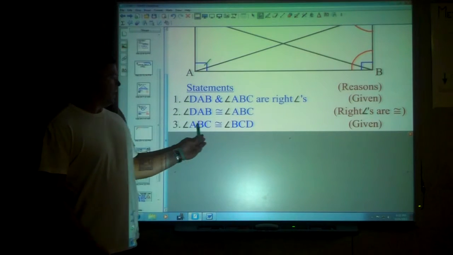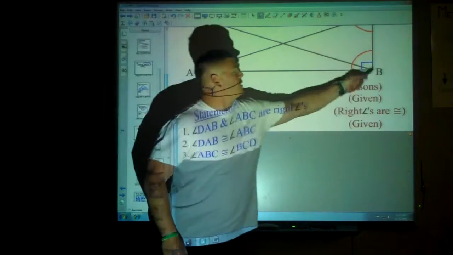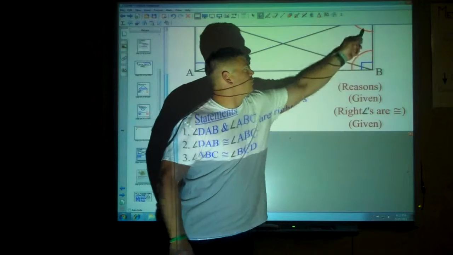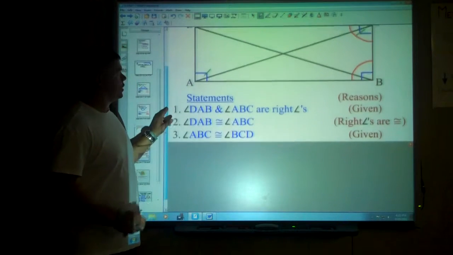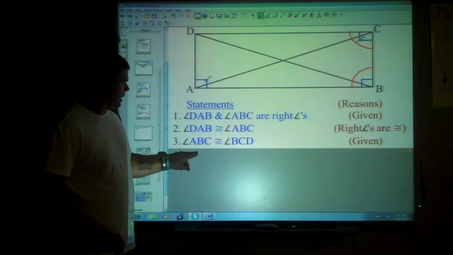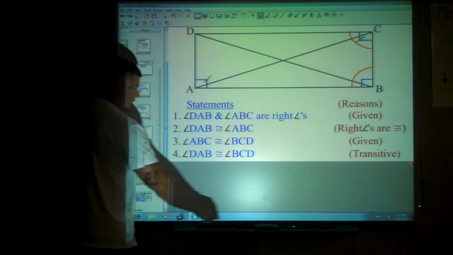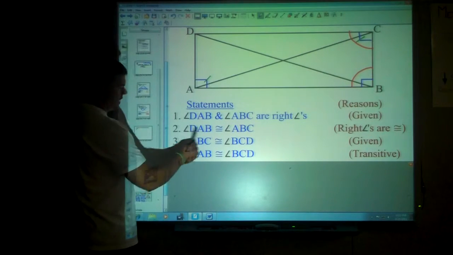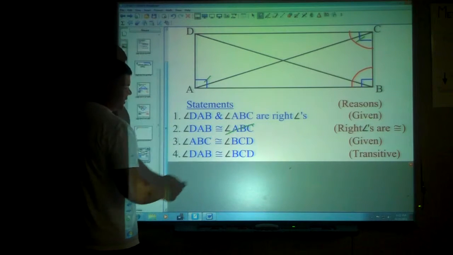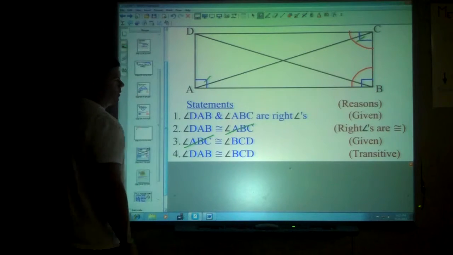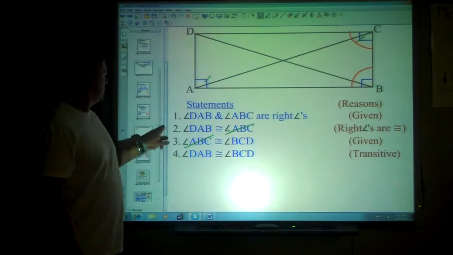Next, we throw in the fact that ABC is congruent with BCD, that these two, the red marks, were congruent to each other. So we know that. And our last step, if you were to cancel out the ABCs, you have DAB is BCD, which is exactly what we were trying to prove.